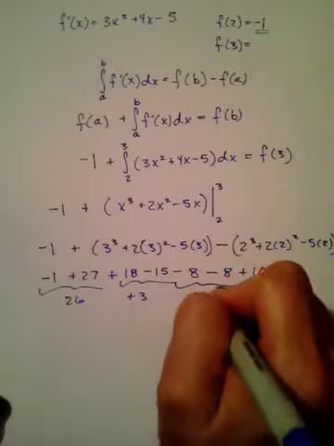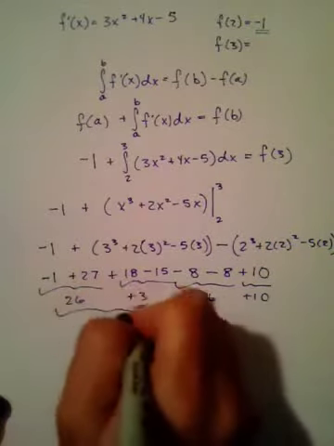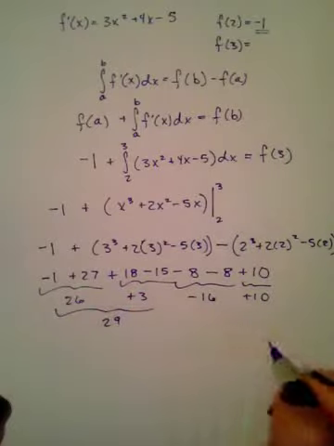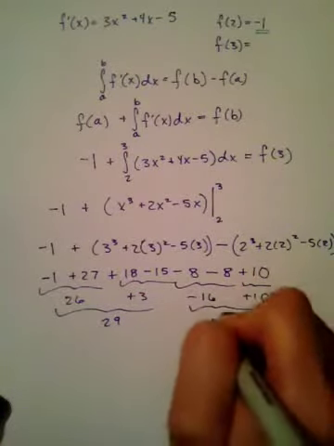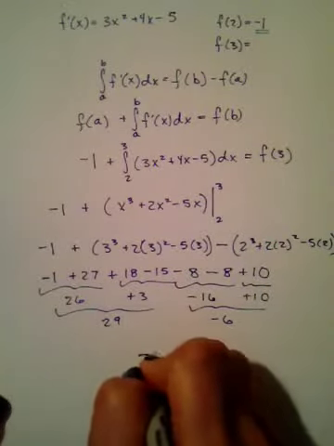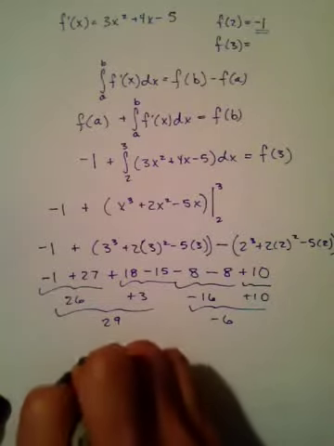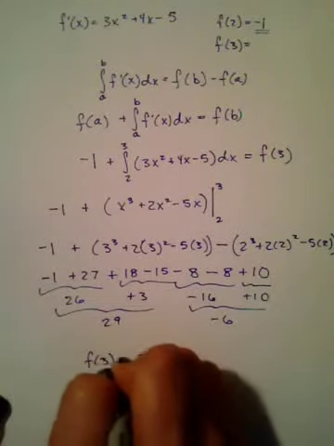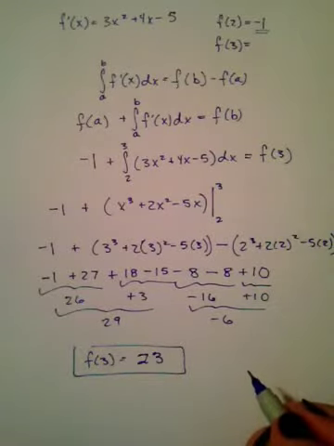This is minus 16, and then I have a plus 10. So I've got 29. And then over here, negative 16 plus 10 is a negative 6. 29 minus 6 is a positive 23. So my f of 3 equals 23, which is the same exact answer as when I did the problem the other way.